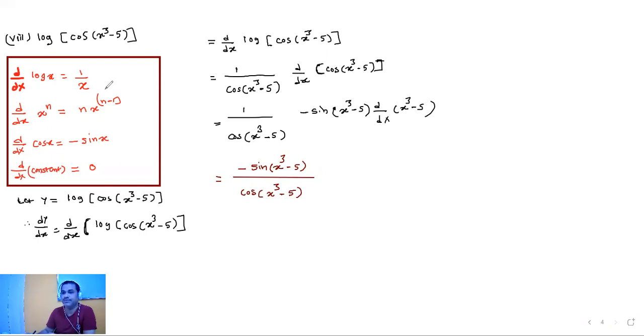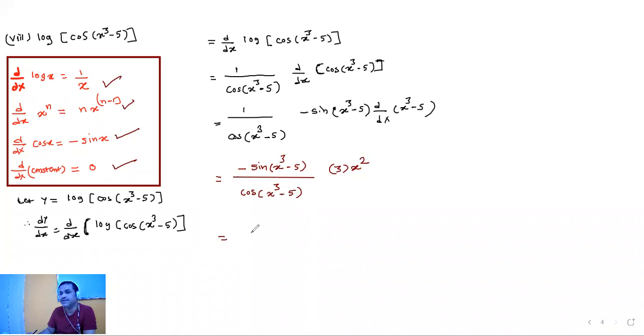We have already used this formula. Derivative of a constant is 0. So we will remember d by dx of x cubed is equal to 3 times x squared. So 3x squared.